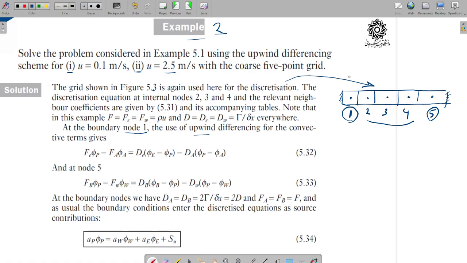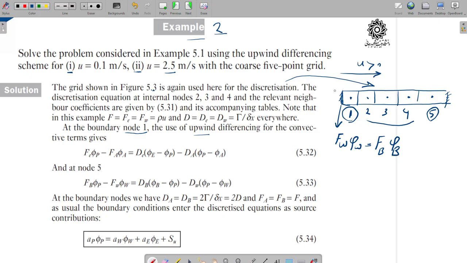If the direction of flow is left to right, or u greater than 0, then F_e phi_e and F_w phi_w equal F_b phi_b, the boundary condition.